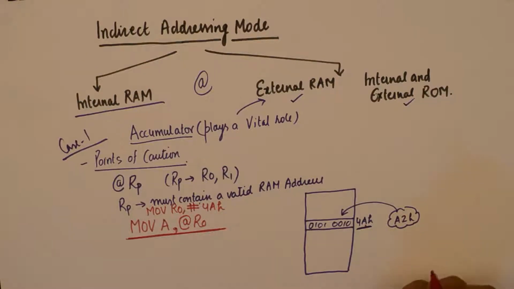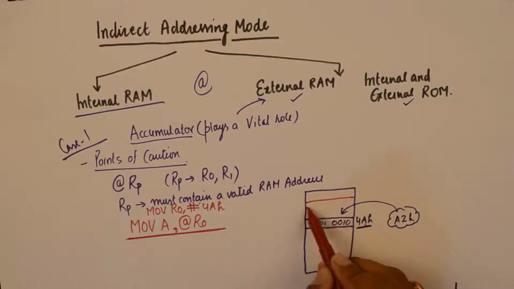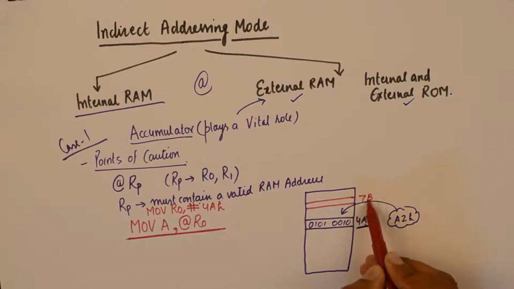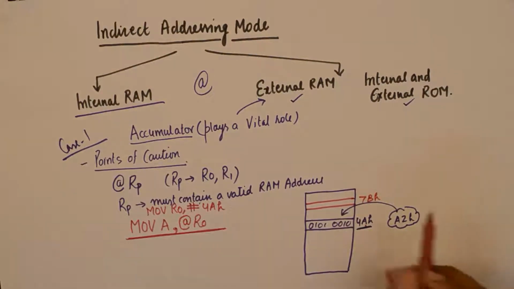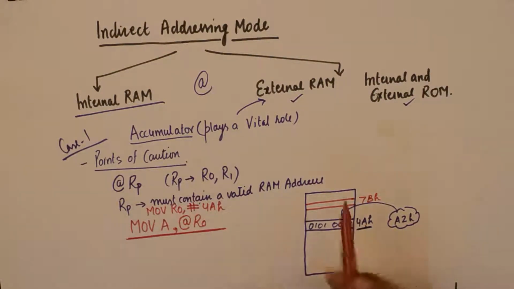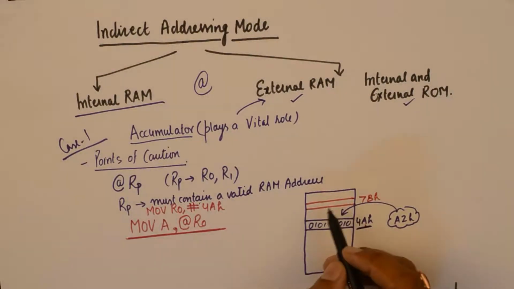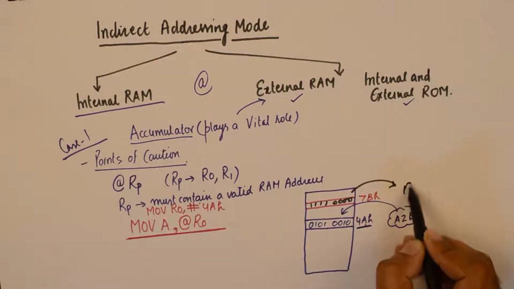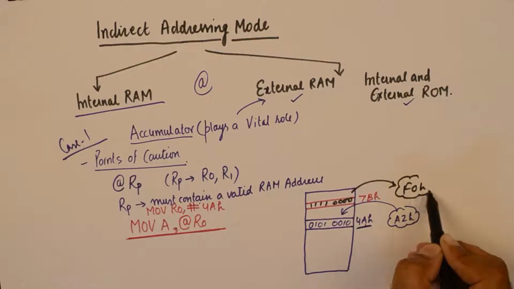And we'll do one more example here. For example, we have another register, let us say 7BH, and the contents of this register is 1111 0000, which is F0H.